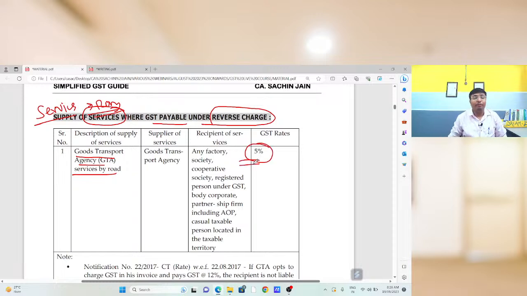When you are going to check as a departmental authority, when you are going for the audit, and when you are going to check the GSTR 2B of that particular business entity, you may find certain entries from the transporter.